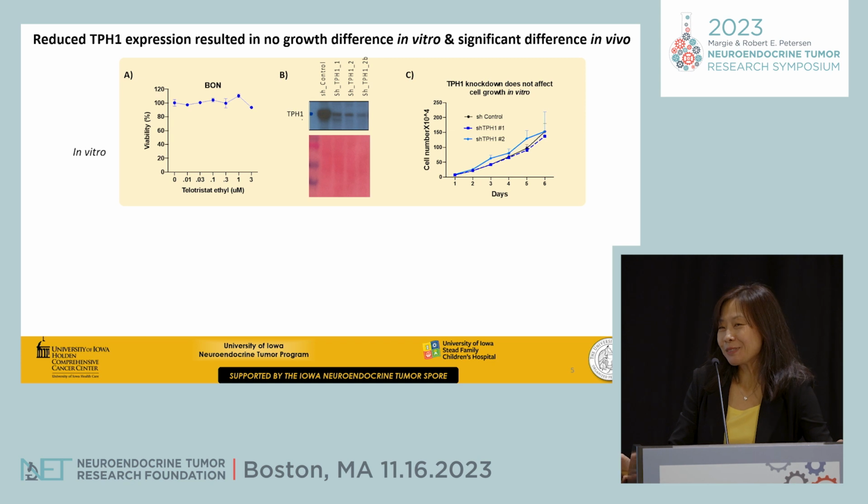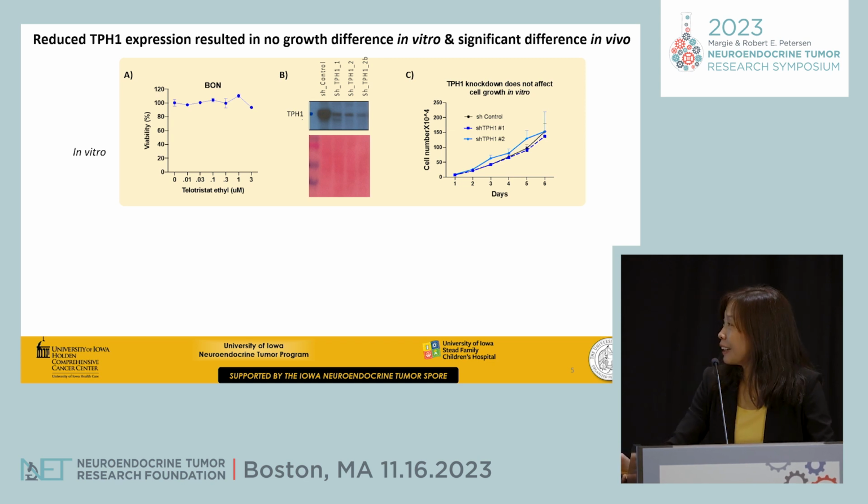So studying serotonin metabolism is actually really hard. We first started by trying to inhibit the pathway using cell culture models, and we didn't see much happening using the inhibitor, so that was kind of discouraging.